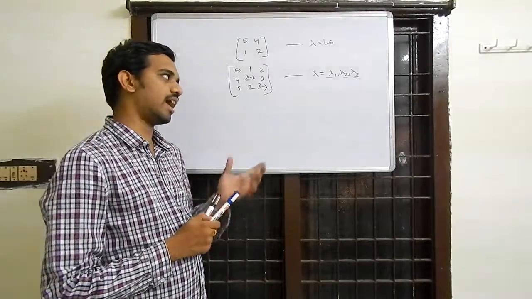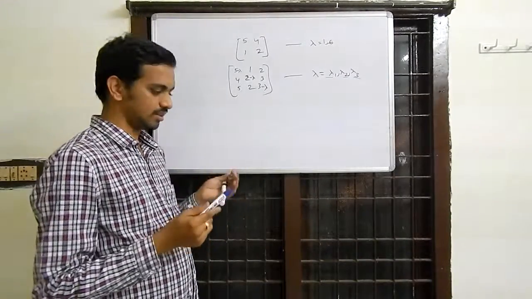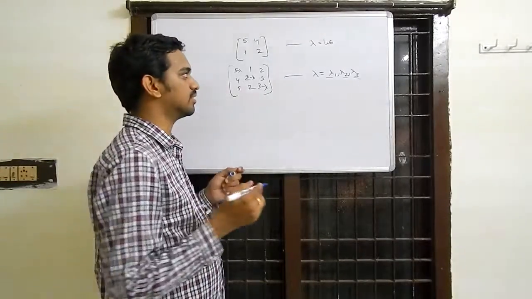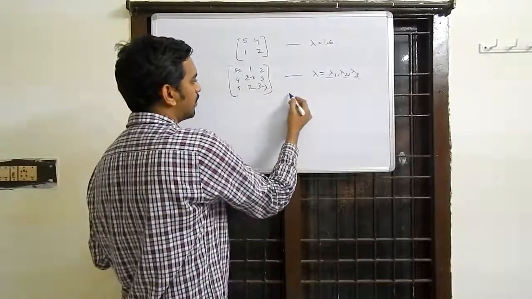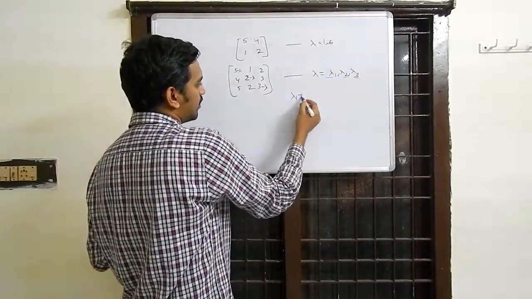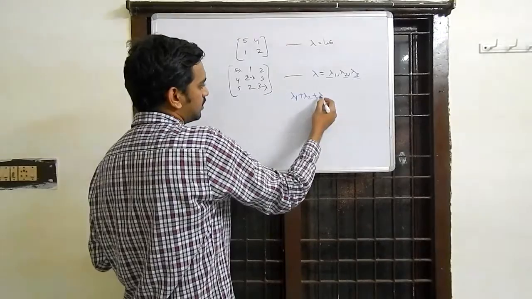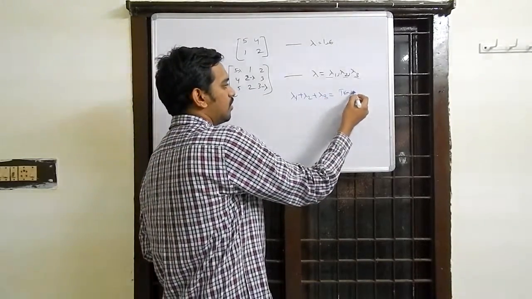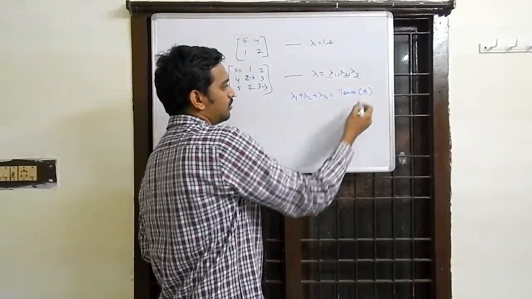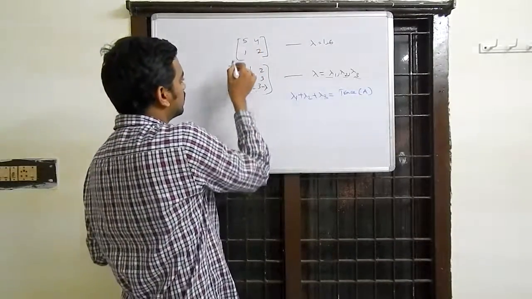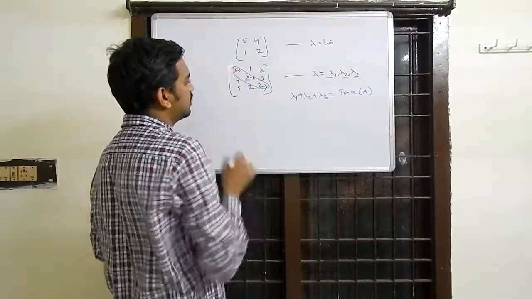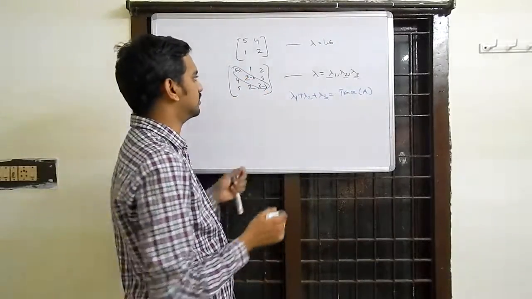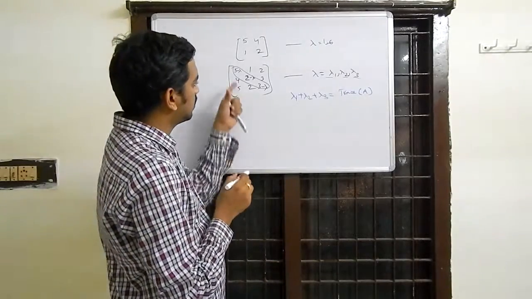There is a shortcut to find out the particular eigenvalues. Simple thing. This is a property in your mathematics methods. That is one property: lambda 1 plus lambda 2 plus lambda 3 is equal to the trace of the matrix. What do you mean by the trace of a matrix? That is nothing but the sum of the diagonal elements of the matrix.